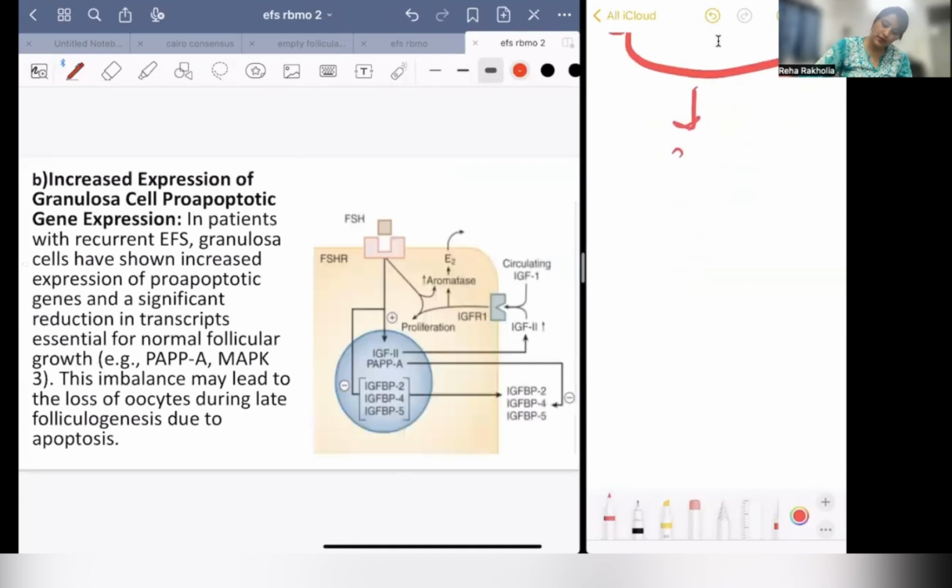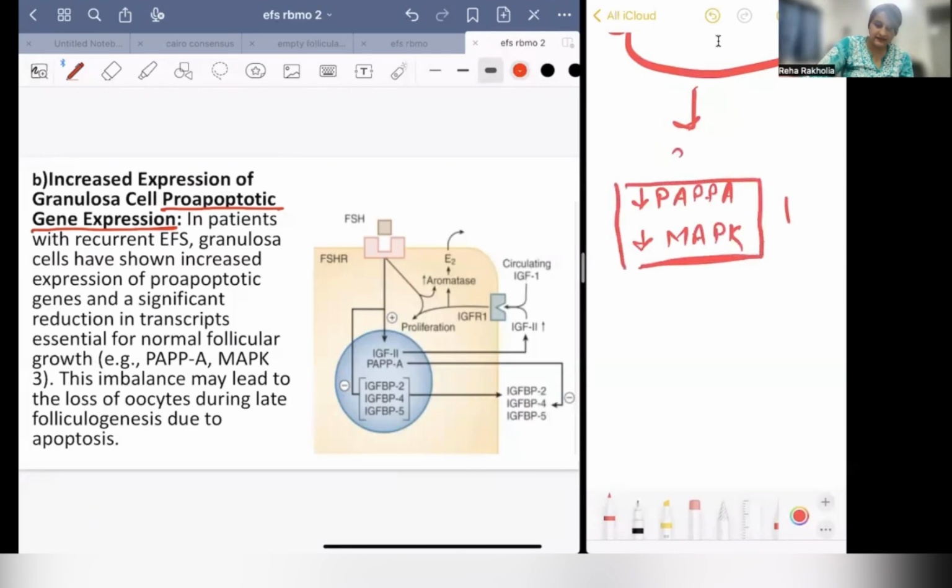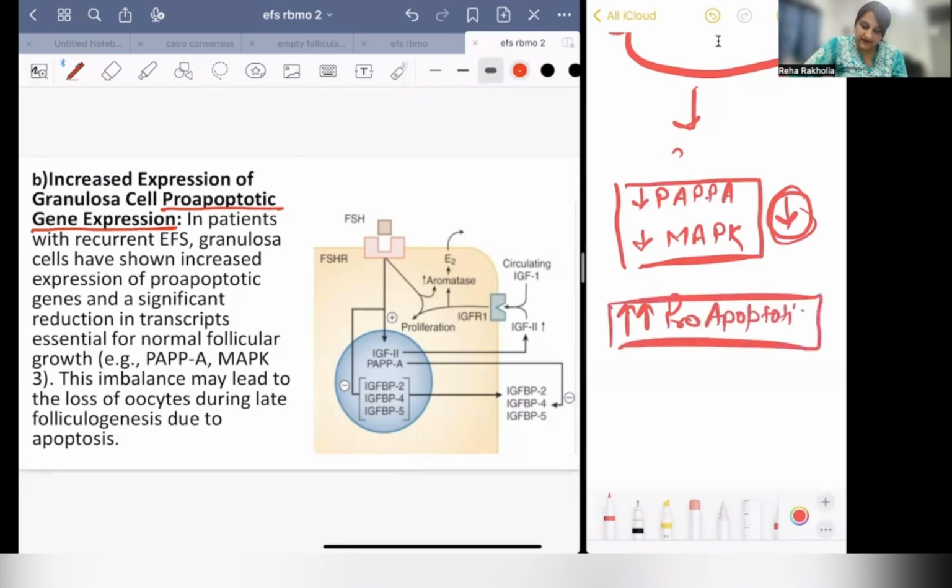Second is pro-apoptotic gene expression. What are the pro-apoptotic genes? If PAPP-A and MAP kinase decrease and pro-apoptotic gene increases, see what PAPP-A is doing.